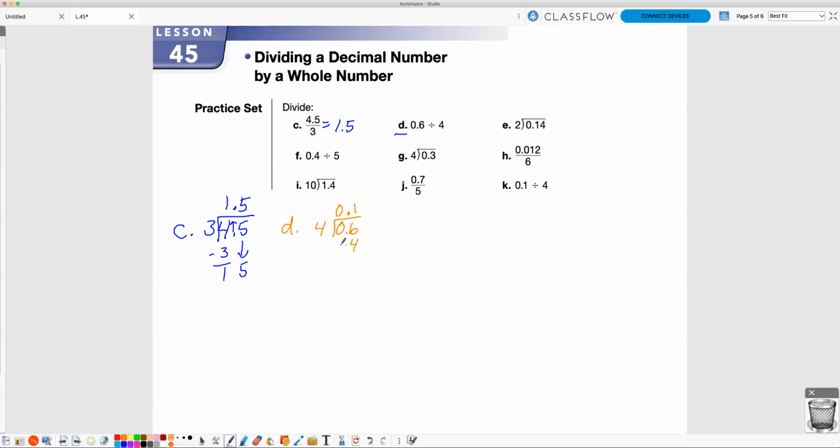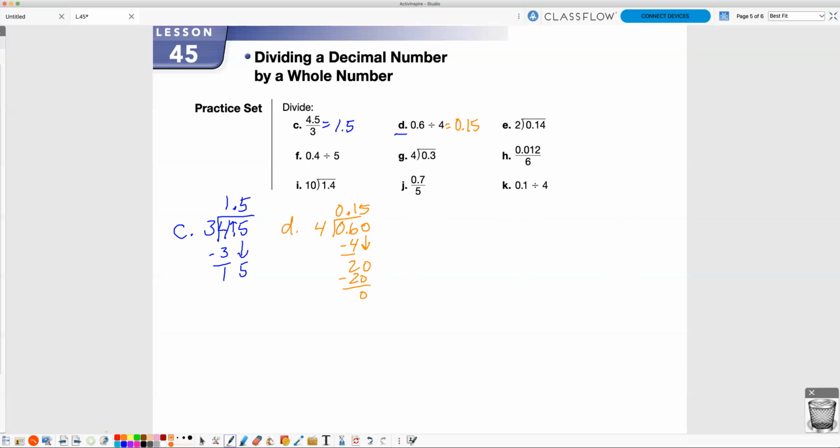And this would be 4. We're not done here. This is 2. We have to add another 0 on here and bring that down to make this 20. 20 divided by 4 is 5. 5 times 4 is 20. Now we're done because this is 0. So this would be 15/100.